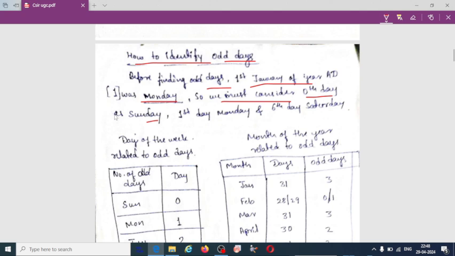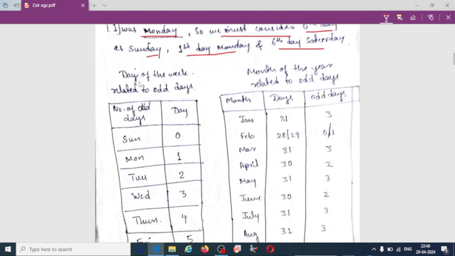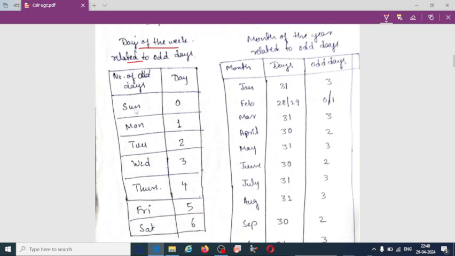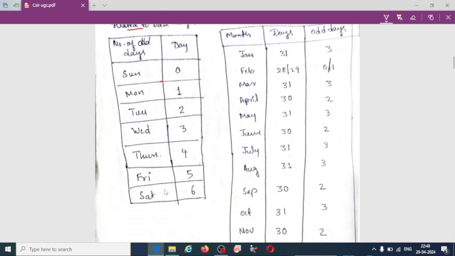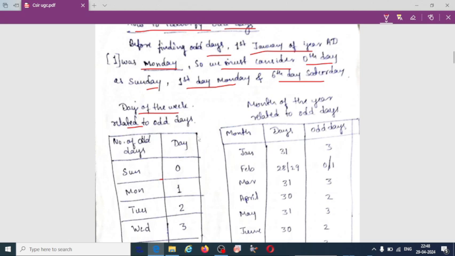So we must consider the 0th day as Sunday. If the first day is Monday, then the sixth day is going to be Saturday. Then we can assign the days of the whole week to odd days. Number of odd days, Sunday to Saturday: 0th day is Sunday, 1 Monday, Tuesday 2, Wednesday 3, Thursday 4, Friday 5 and Saturday 6. Like that we can identify odd days.